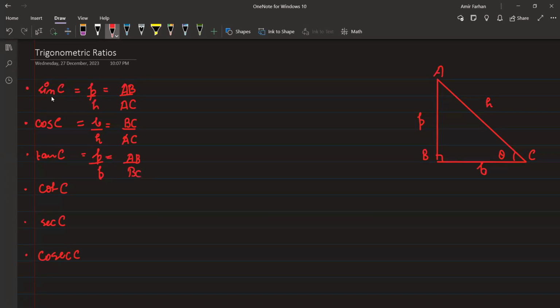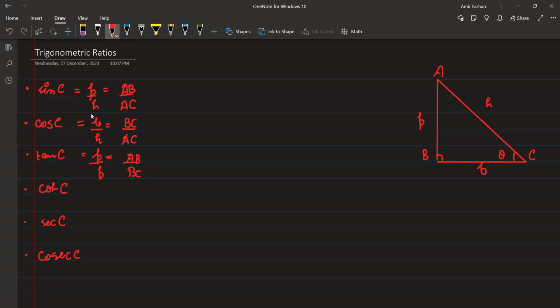And suppose you take the ratio of sine and cos, what will you get? H will get cancelled, yes or no? What is left is P by B. It means that if you understand the two basic ratios, sine and cos, you will be able to calculate the tan, because you just have to divide sine by cos. You will get the tan.